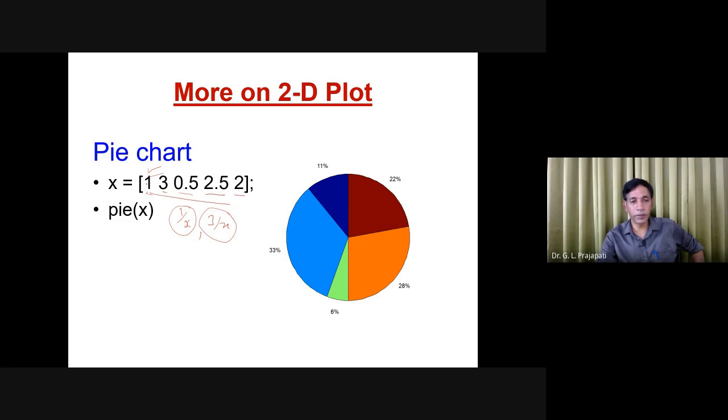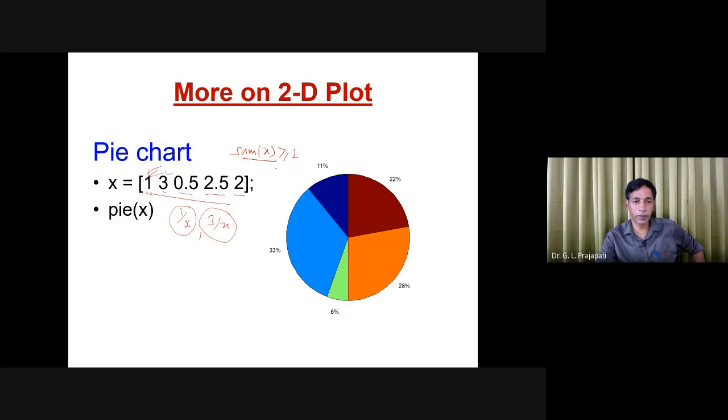If you perform the sum of the vector x, and the sum of x is equal to 1, then you will have the values in the same proportion as these data.